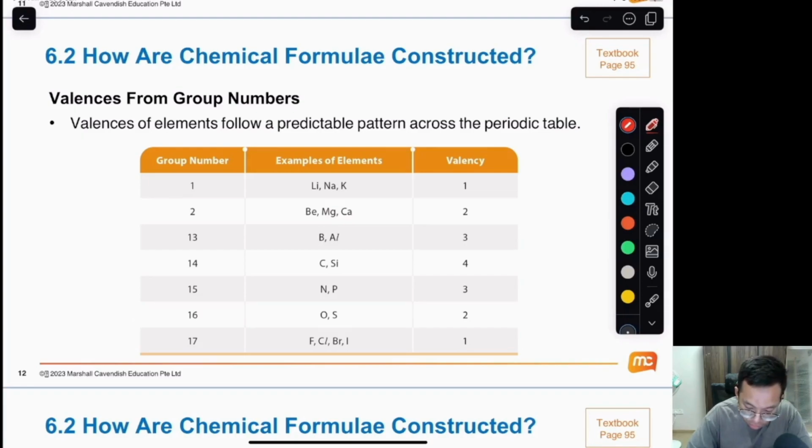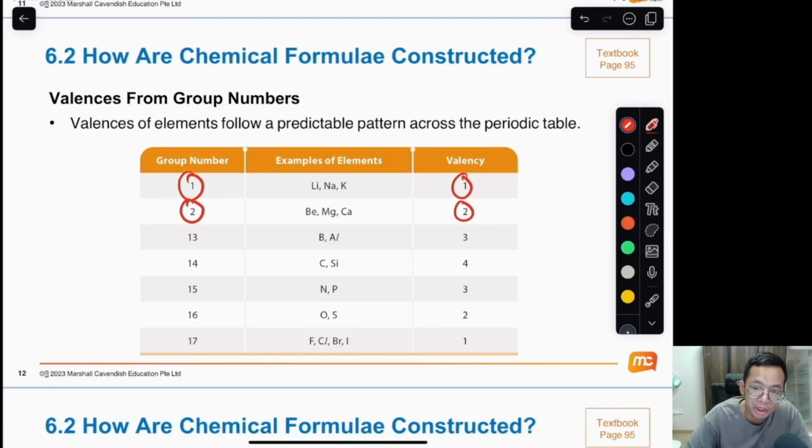Group 1 and group 2 are the simplest because their valency is the same as their group number. Group 1 includes lithium, sodium, and potassium, and the valency is 1. You also have beryllium, magnesium, and calcium for group 2, so their valency is 2.